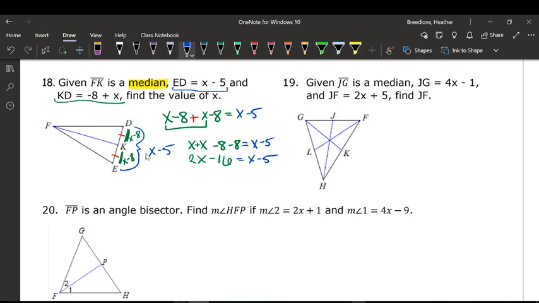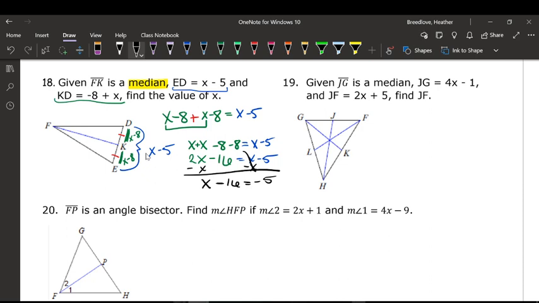I need to get my x's together and my non-x's on the other side. So I'm going to subtract x. And 2x minus x is just x. Minus 16 equals negative 5.